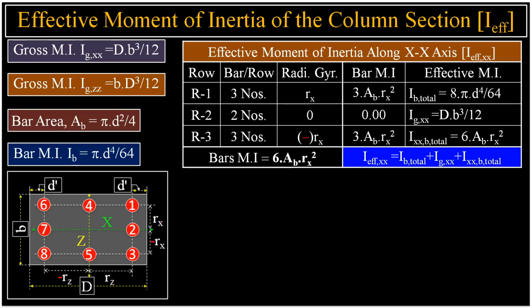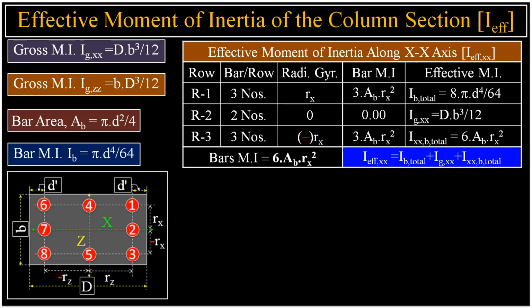The total moment of inertia contribution from these bars, based on the parallel axis theorem, is 3 times AB, times Rx to the power 2. Row R2: this row has 2 bars located on the x-axis, so their radius of gyration is 0, resulting in a bar MI contribution of 0.